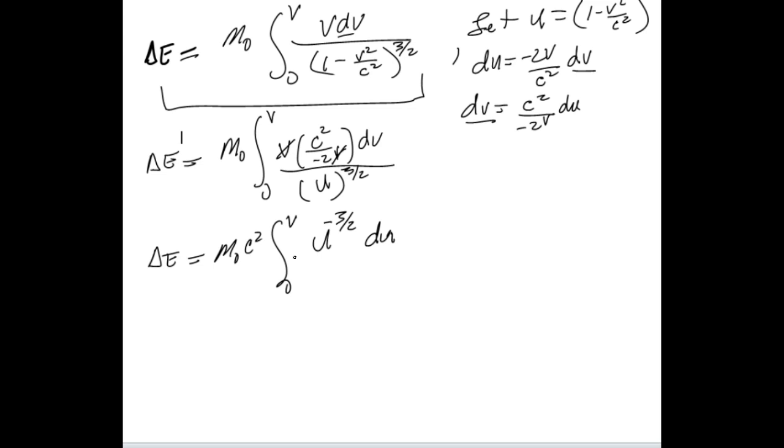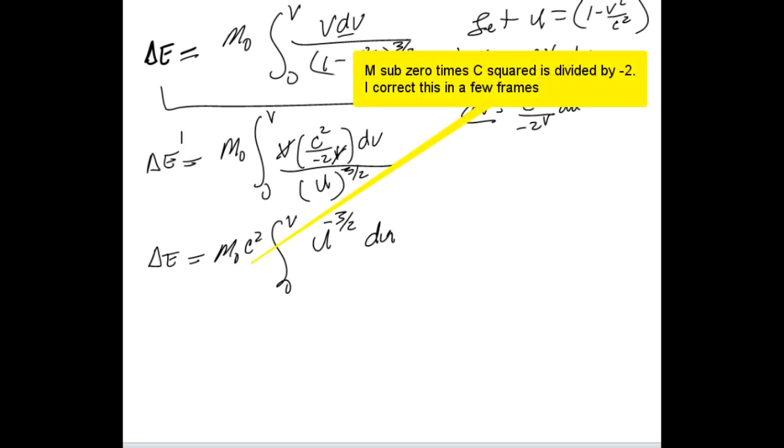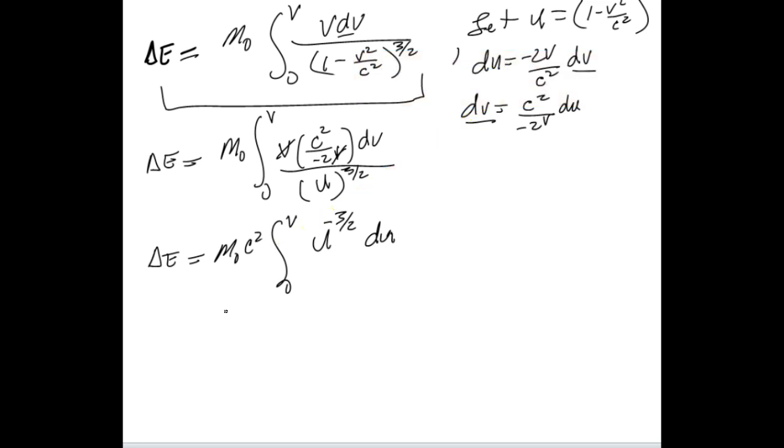Now, this integral is easy to solve. Let me write out the answer. Change in energy is equal to m naught times c squared. To integrate this, you just add 1 to the power and divide by the result. So 1 minus 3/2 is u to the minus 1/2 divided by minus 1/2.